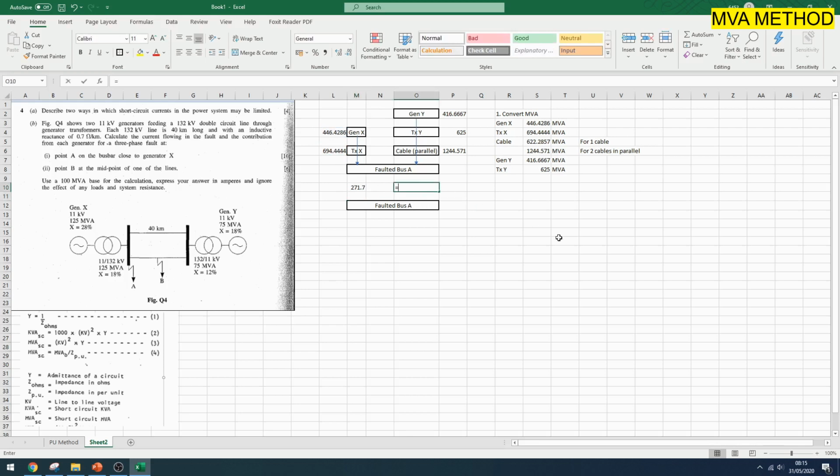For this one, by right, 1 over S equals 1 over this plus 1 over this plus 1 over this.